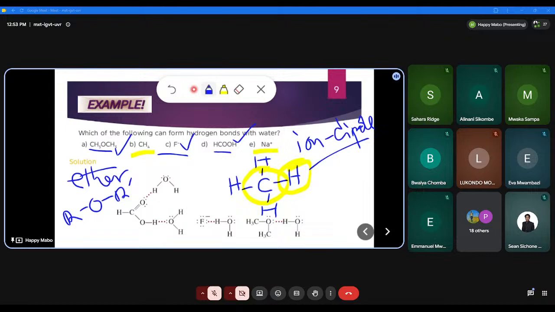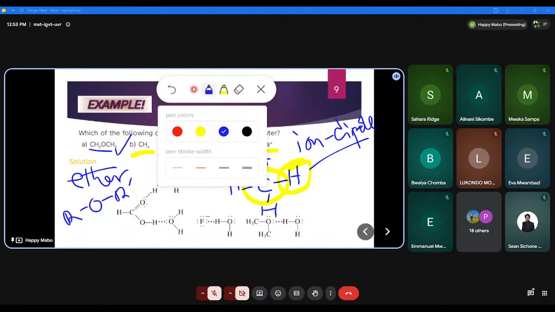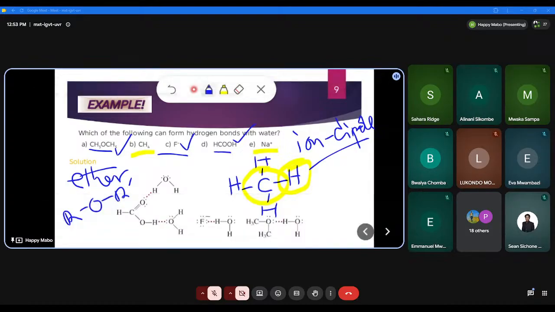Remember the condition we set for formation of hydrogen bonds: the compound should have atoms such as fluorine, oxygen, or nitrogen bonded to the hydrogen directly.